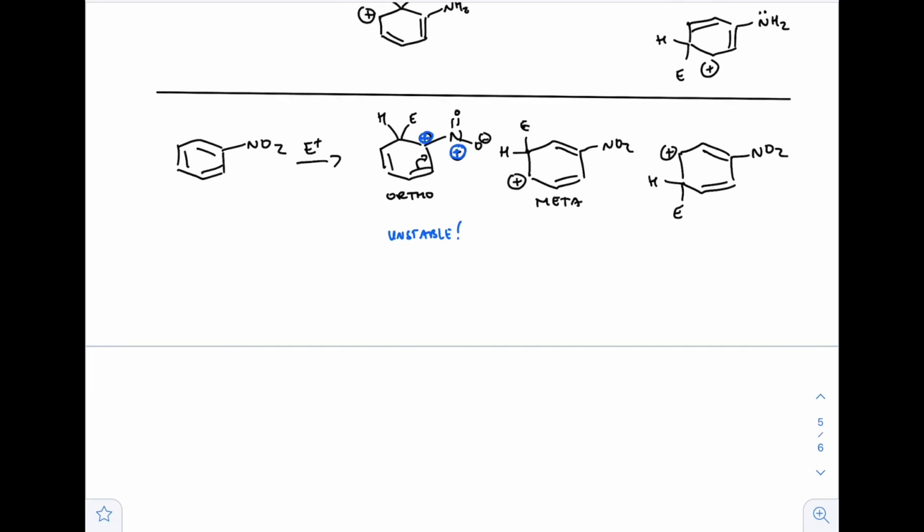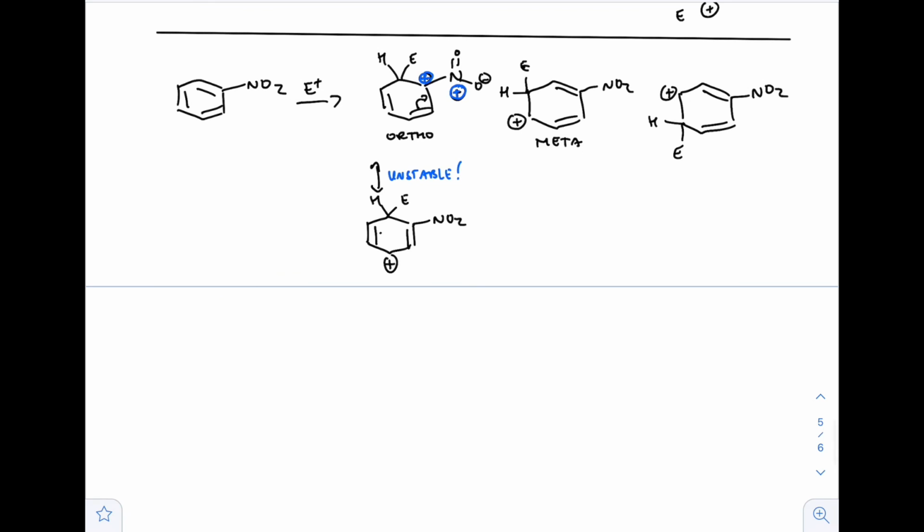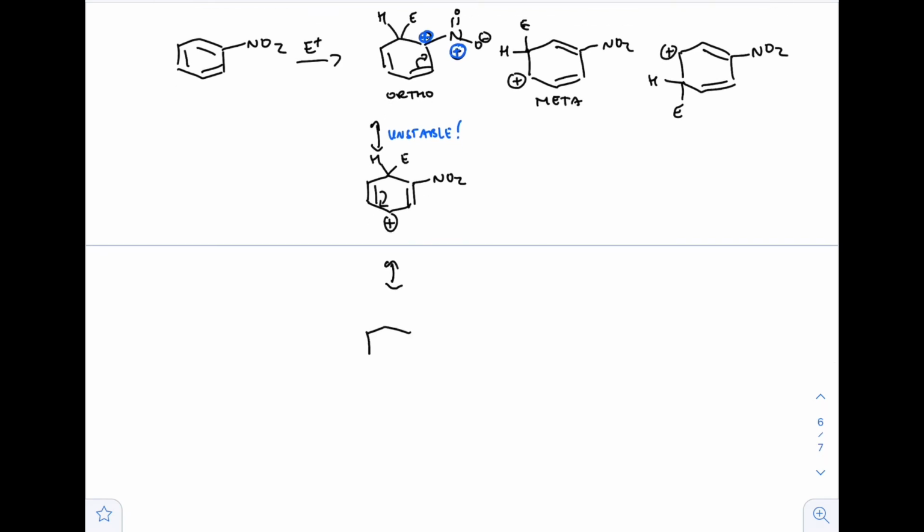But what we want to do is continue on by drawing some more resonance structures, shifting that pi bond around, moving the positive charge. And let's go ahead and draw it again. Positive charge there. So there's 3 resonance structures for that guy.